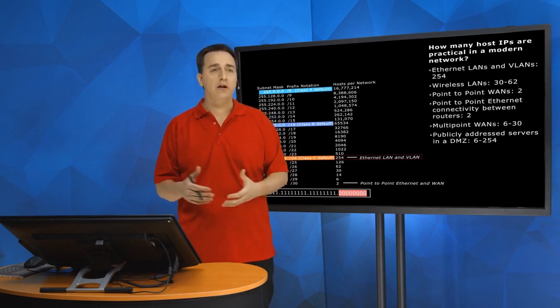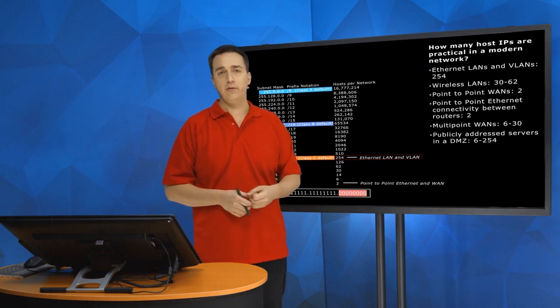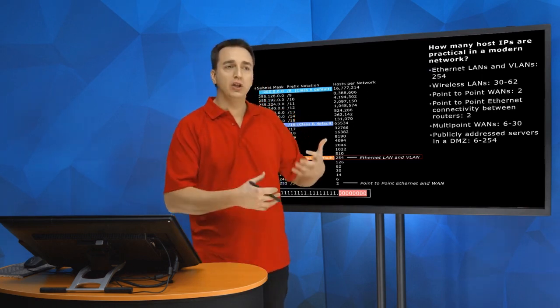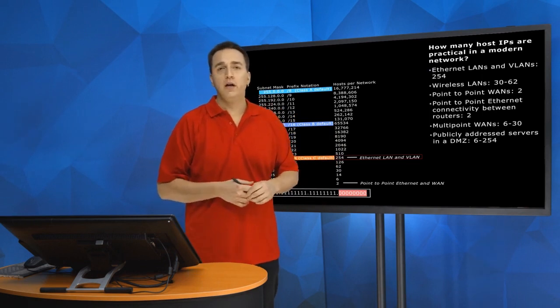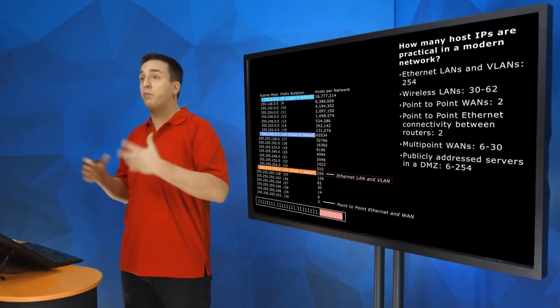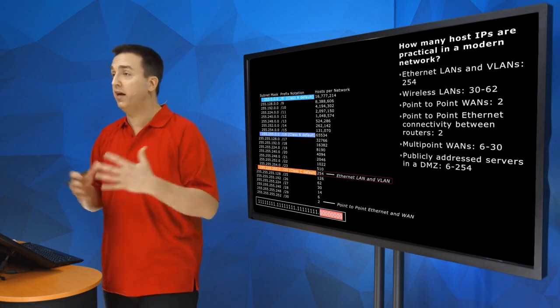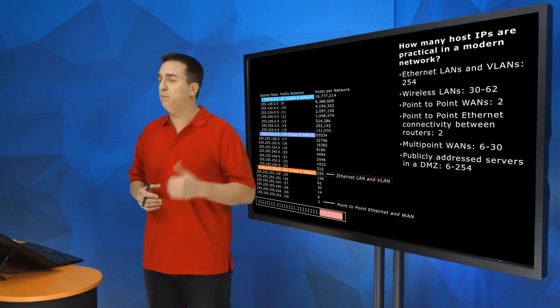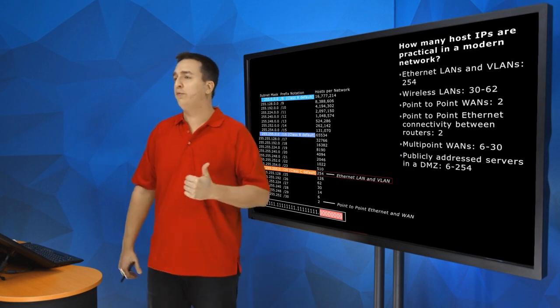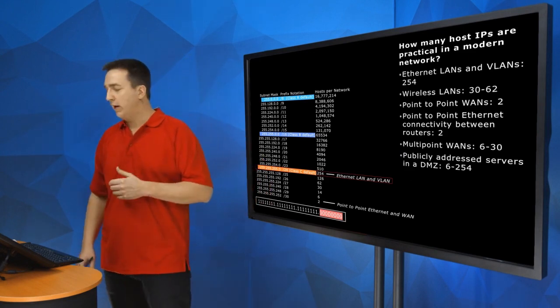Even if we have multiple routers set up, it doesn't matter for the default gateway. We still have 254 devices down in that local area network, all wanting to get out to different parts of the network: the DMZs, the data centers, the internet, the WANs, whatever it happens to be. So practicality-wise here, 254 and lower is the way to go.